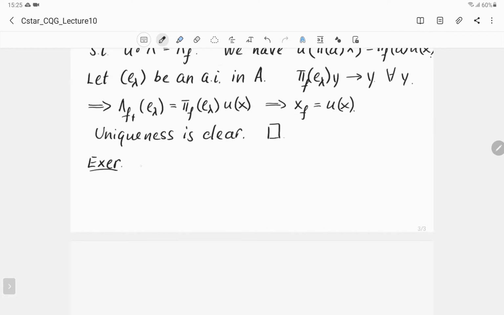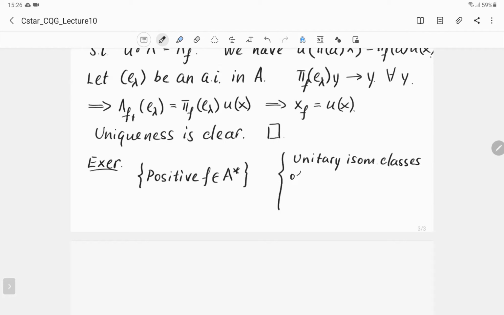So we get a bijection between the set of all positive functionals on A and the set of unitary isomorphism classes of triples H, pi, and x, where pi is a cyclic star representation of A on H. So H is a Hilbert space, pi is a cyclic representation, and little x is a cyclic vector for pi.